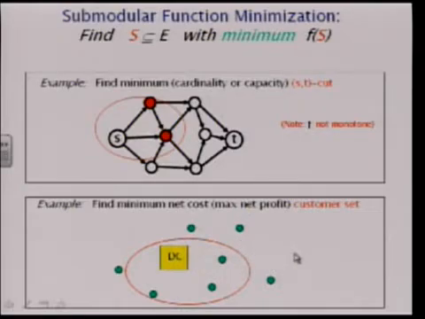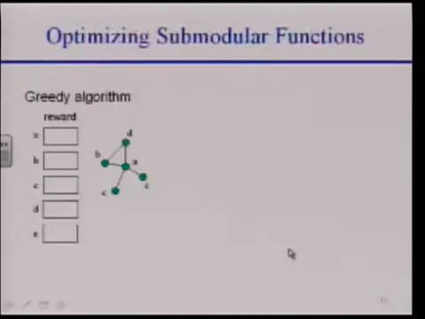Then you have a legitimate discrete optimization problem, which you can take advantage of by optimizing a submodular function.